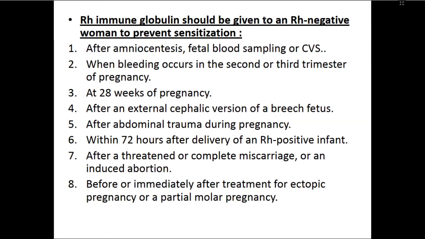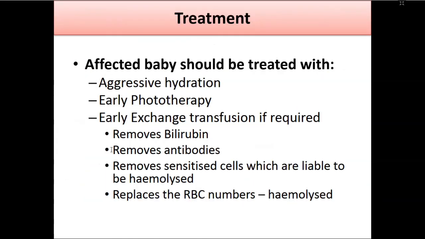It is given at 28 weeks of pregnancy. Baby should be treated with aggressive hydration, early phototherapy, early exchange transfusion if required. Basically, phototherapy is used to remove excessive bilirubin. That bilirubin may cause kernicterus, which is an accumulation of bilirubin in the central nervous system that may lead to impairment of CNS.